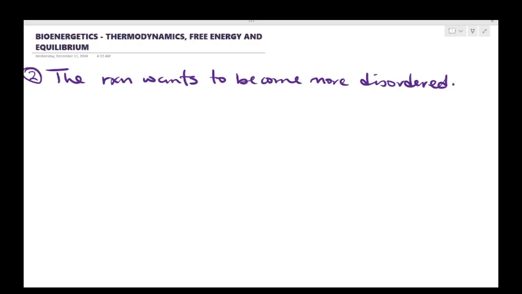So in this second point, we are looking at the entropy, which is the delta S of the reaction.